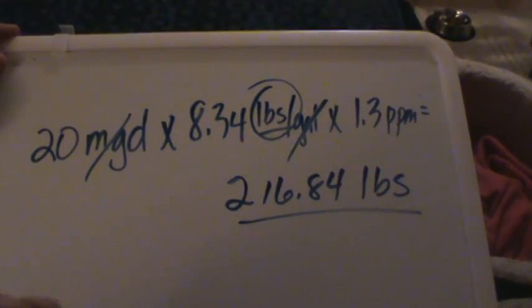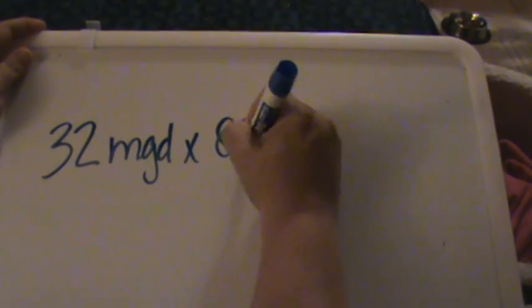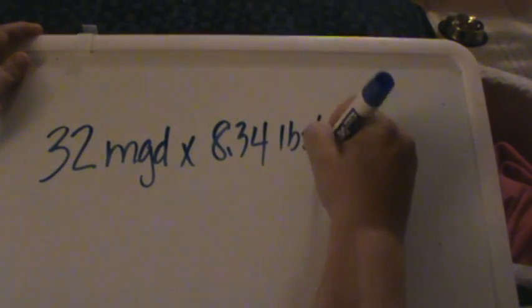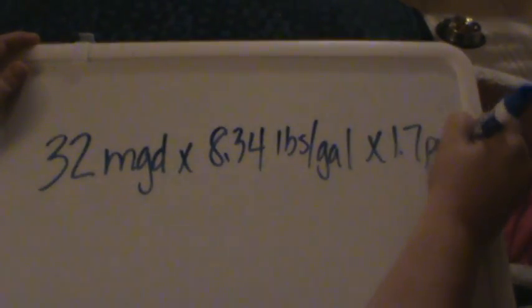Okay, so let's go on to the second question. The second question says: how many pounds of chlorine per day will be used at a treatment facility that averages 32 million gallons per day using an average dosage of 1.7 parts per million? So we have 32 million gallons per day times 8.34 pounds per gallon times 1.7 parts per million.